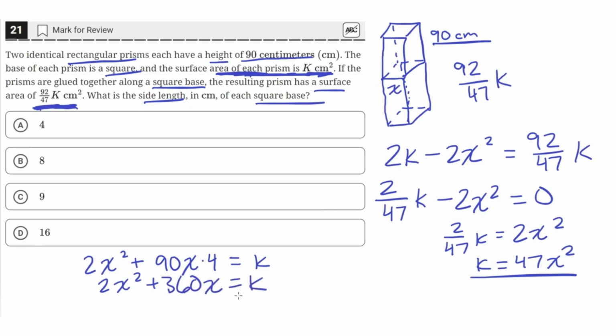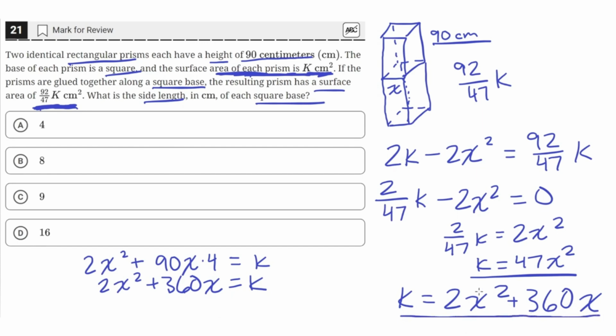Okay. So now we have two equations for k. K equals 2x squared plus 360x. So now this is our second equation for k.